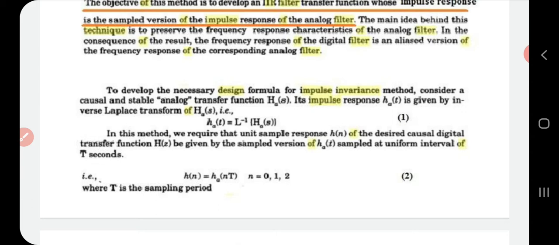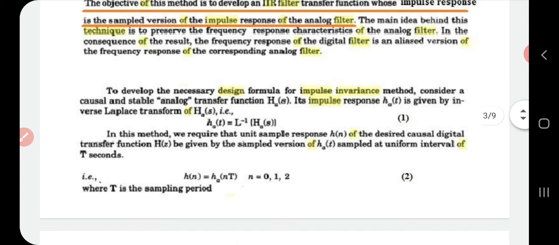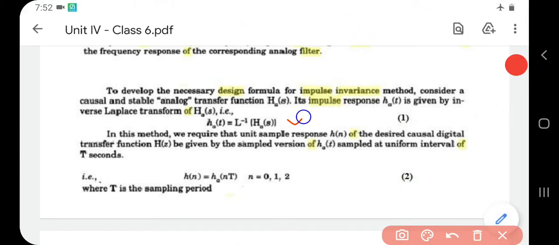We take the inverse Laplace transform of the analog transfer function to get its corresponding impulse response h_a(t). This is equation 1.